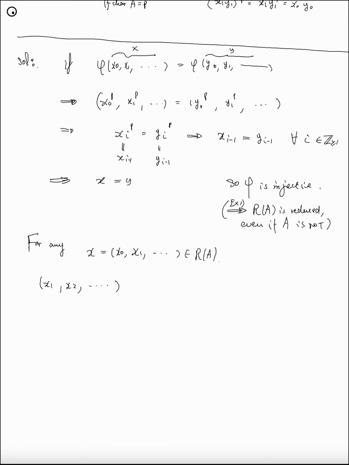What we are doing is actually kind of the inverse of the Frobenius on x. And then you notice that this under the Frobenius is mapped to x1 to the power p, x2 to the power p, but this is again by the definition of R_A exactly x, and so Frobenius is surjective.